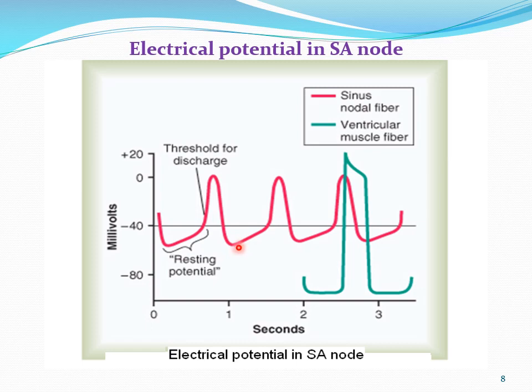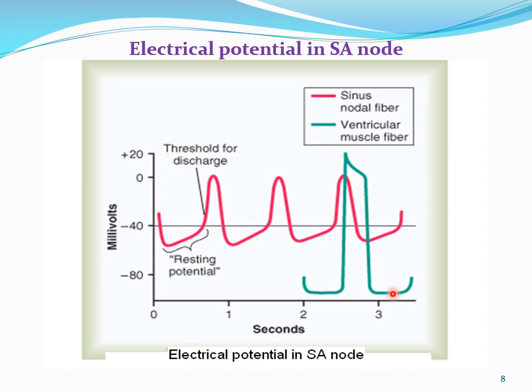So one cardiac impulse is produced, and in this way it repeats again and again, about 70 to 80 beats per minute in the SA nodal fiber. Once this impulse is produced, it spreads over the heart and causes contraction of the heart. When it spreads over the atria and ventricles, the response there is an action potential, and that is called the plateau potential.